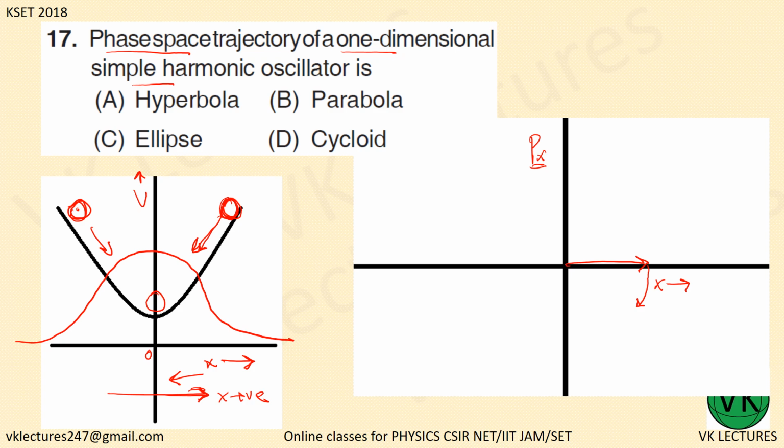Now as you move to the left side, it keeps rotating. It follows a trajectory of an ellipse.